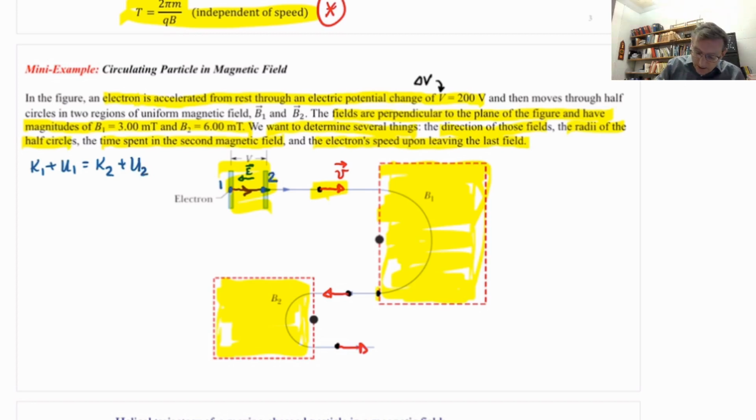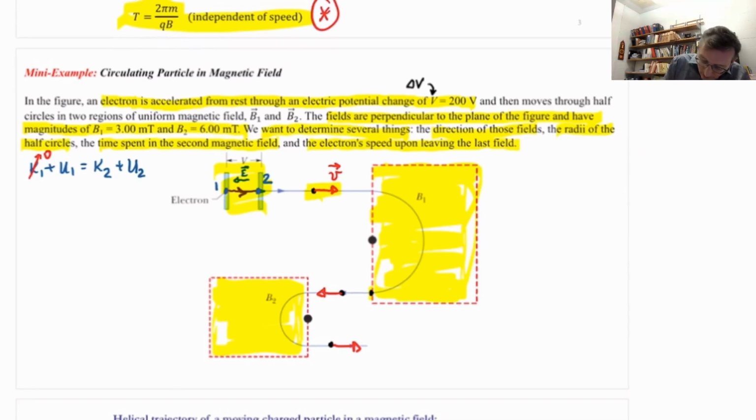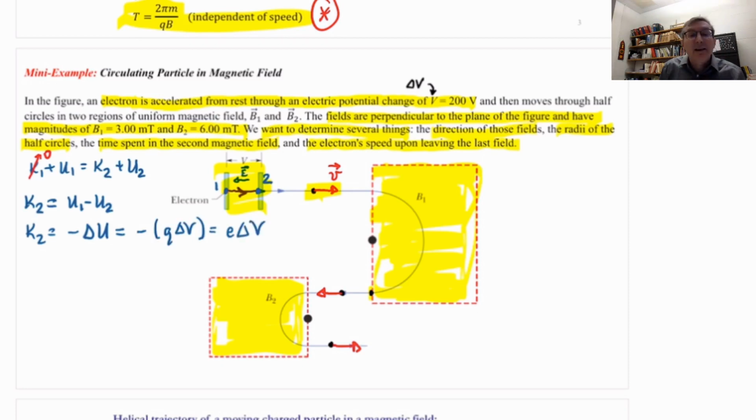It starts from rest, so the initial kinetic energy is 0. And I want the kinetic energy at the end, so I want K2. So K2 is, look, I'm just rearranging the formula, U1 minus U2. That's negative delta U, negative change in the potential energy. And the particle's charge is negative little e, so this is negative Q delta V, but the Q for an electron is negative little e, so I just get that little formula.